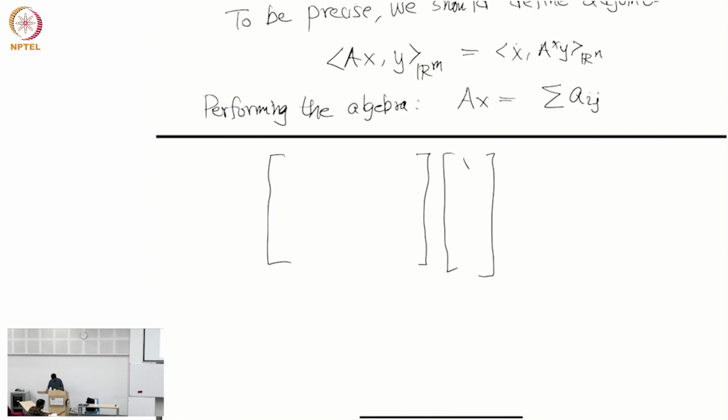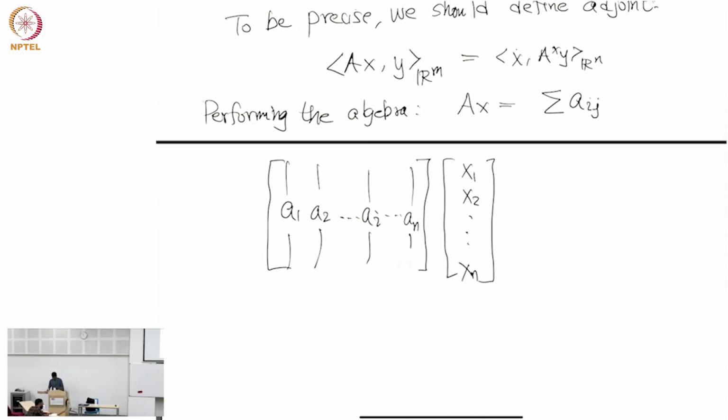I think of x1, x2, up to xn, and each column of A as a column vector. There are n columns because A is an m cross n matrix.